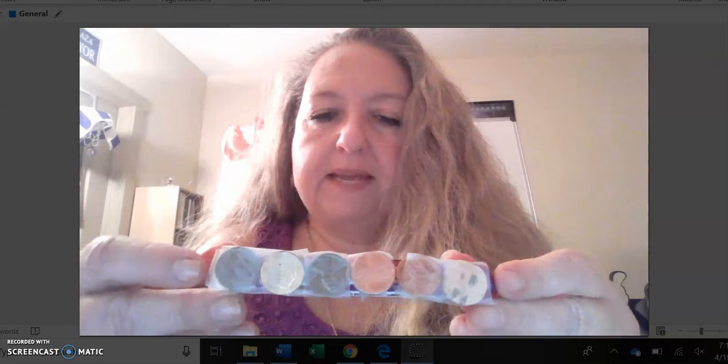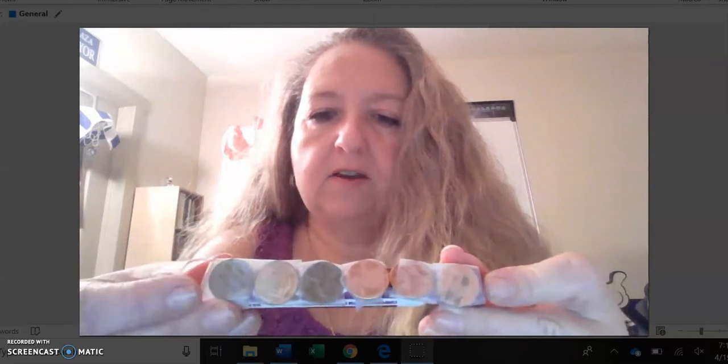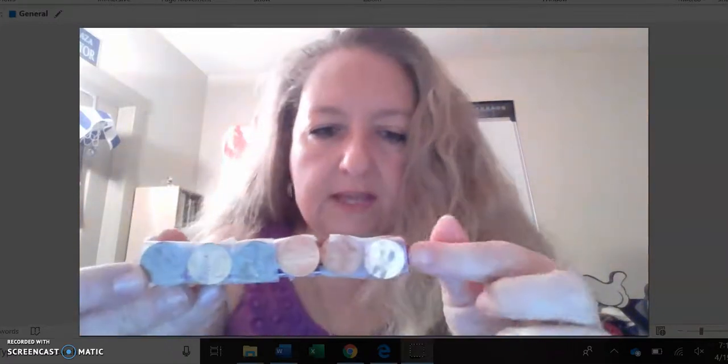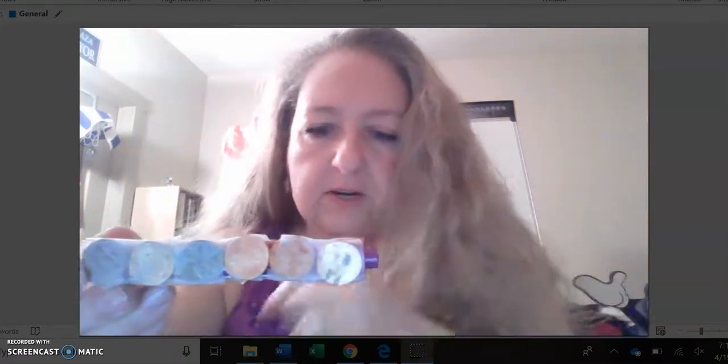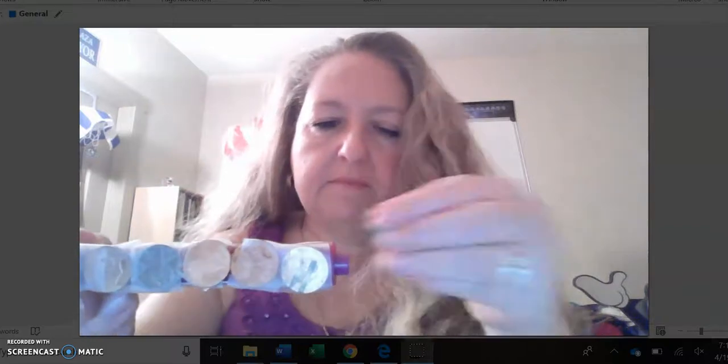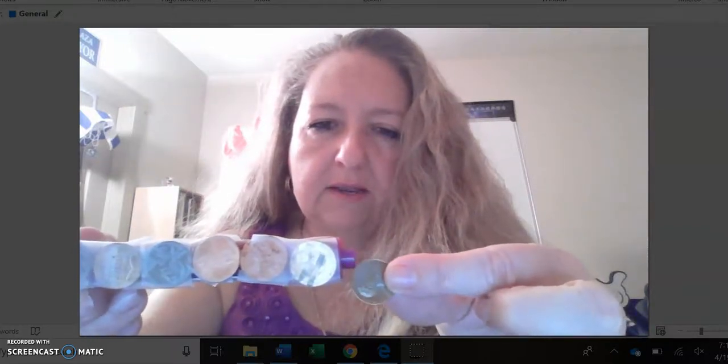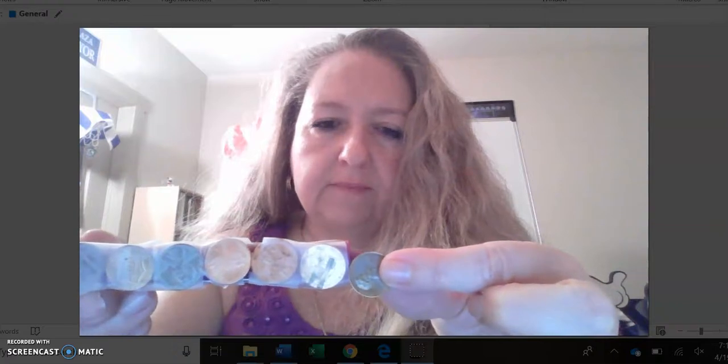So I have my pennies taped and they're all touching. Let's see how many pennies it took. 1, 2, 3, 4, 5, 6. Now, there's a little bit of my marker left, but you notice if I put my penny here, it's going to be over just a little bit.